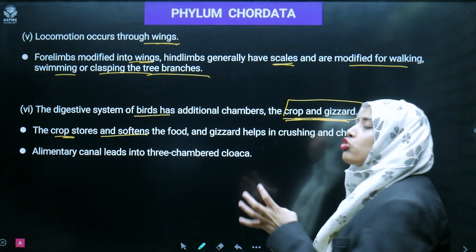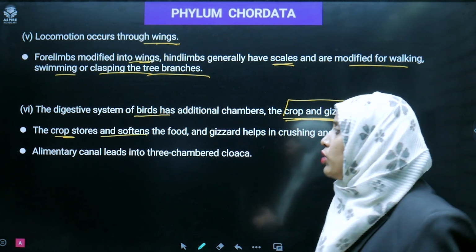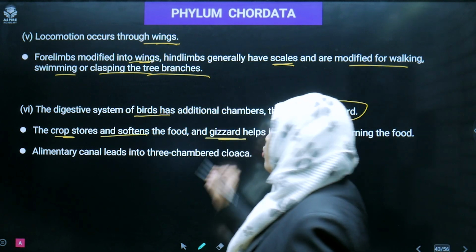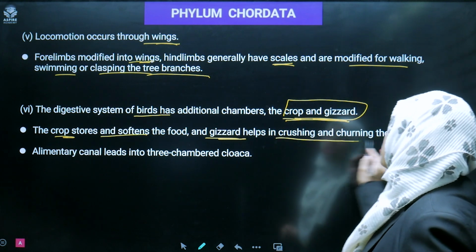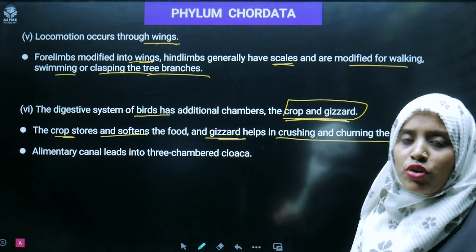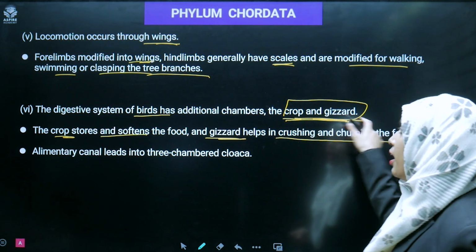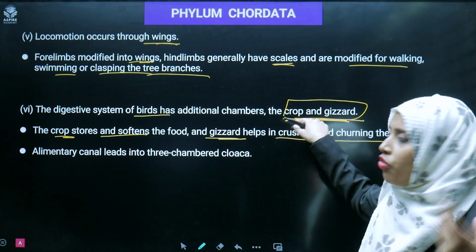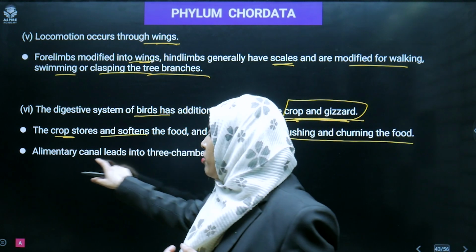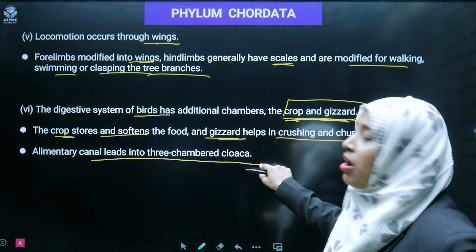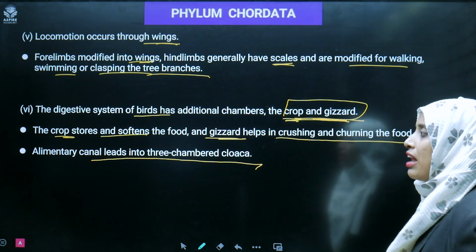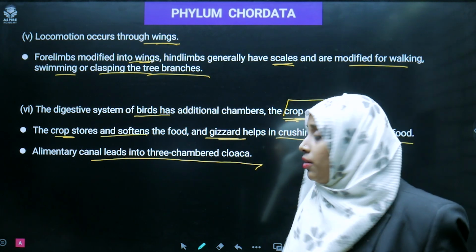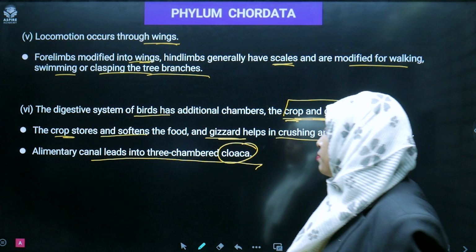So the role of the crop is to store the food and soften it, and the gizzard helps in crushing and churning the food. The crushing work is done by the gizzard, and the crop just stores and softens the food. The alimentary canal leads into the cloaca, so the alimentary canal opens into the cloaca.